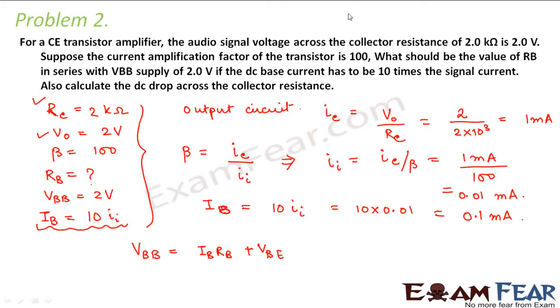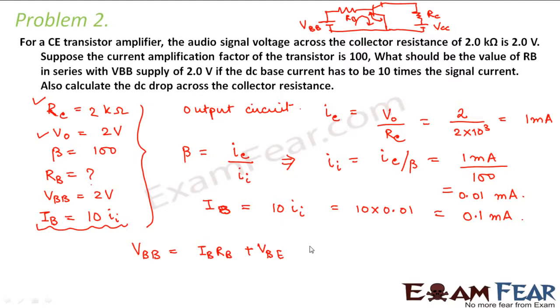If you remember your circuit, this is how it will look. This will be VBB, this will be RB, this will connect to the base, this will be your emitter, and then again you will have RC, and here you will have VCC. So Kirchhoff's law, when applied on this circuit, where VBE is the potential difference between the base and the emitter, gives this expression.